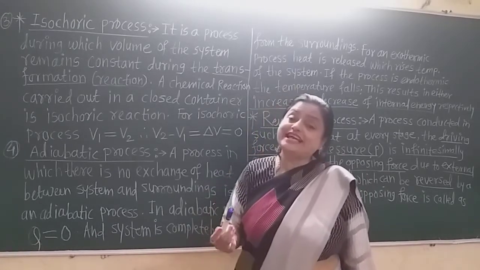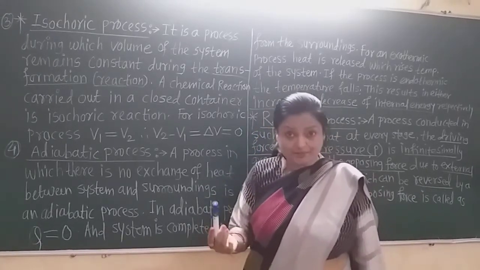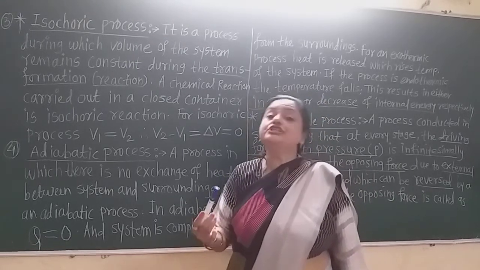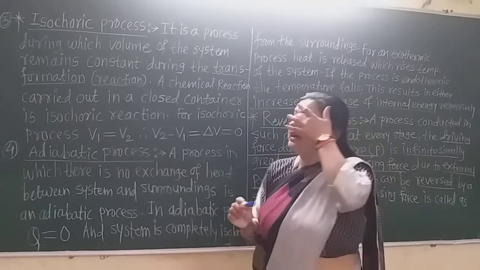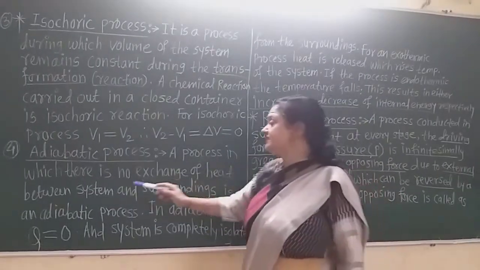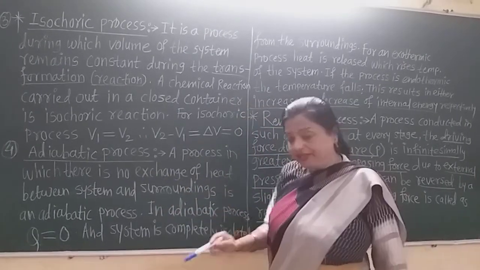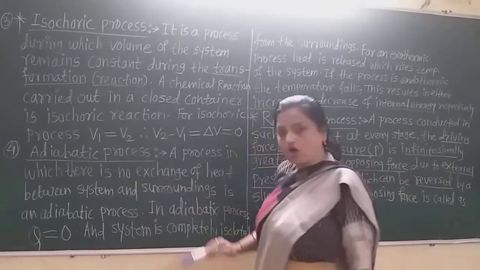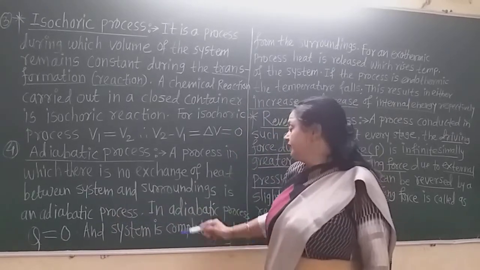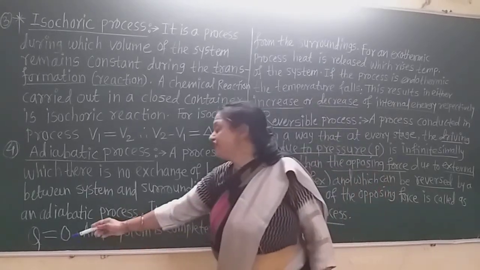That is a process carried out in a thermos flask, or a process which is carried out in an insulated container. Those are the adiabatic processes. So a process in which there is no exchange of heat between the system and surroundings is an adiabatic process. In the adiabatic process, Q is equal to 0.